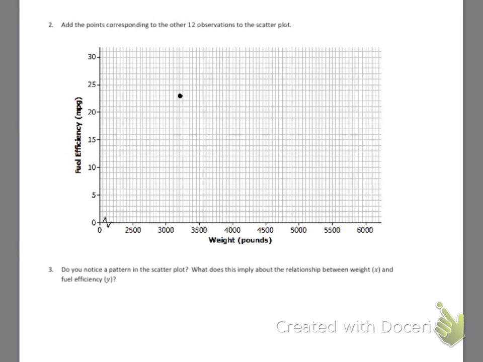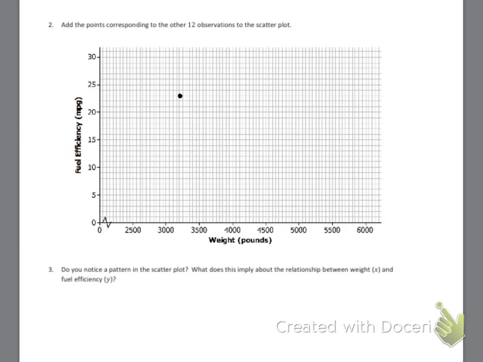Okay, so what we want to do now is add the points corresponding to the other 12 observations to the scatter plot. We could look at the next one, which is 2550 in weight and a fuel efficiency of 28.